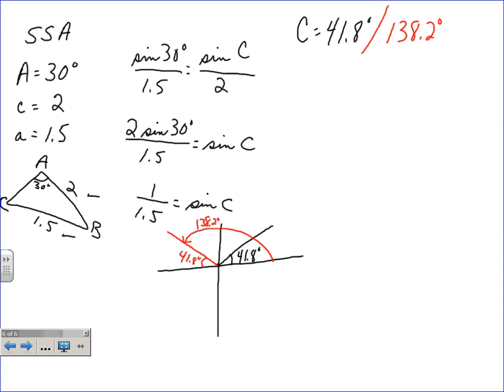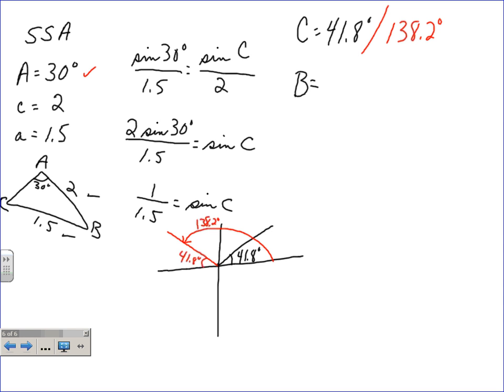Look at the given angle. The given angle is 30. 30 plus 138 is 168. I've got room for another angle, don't I? That's how you can tell. Angle B, if it were 41.8 degrees plus the 30 degrees, that's 71.8.